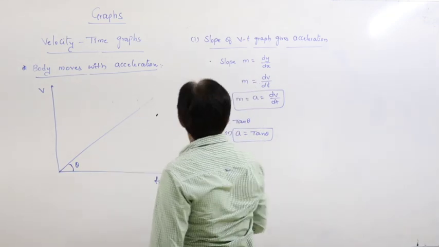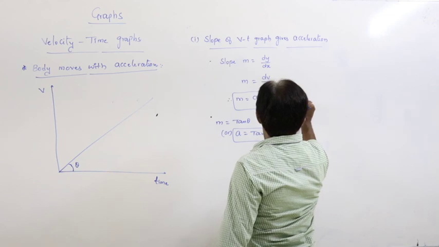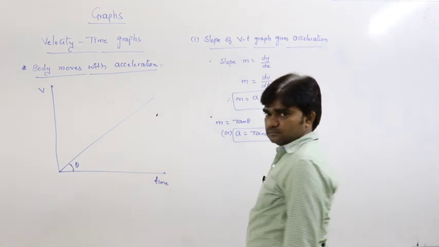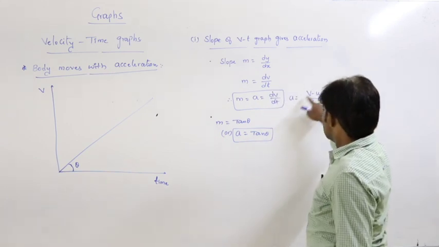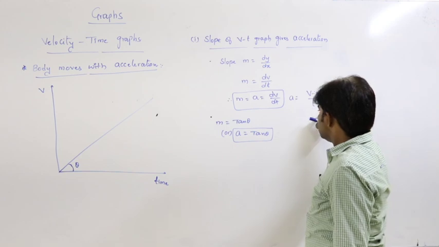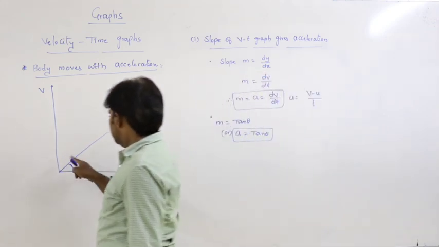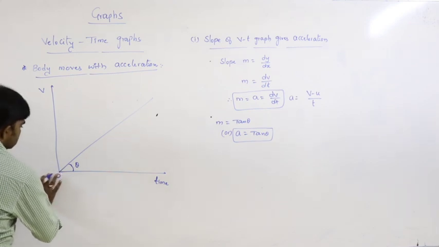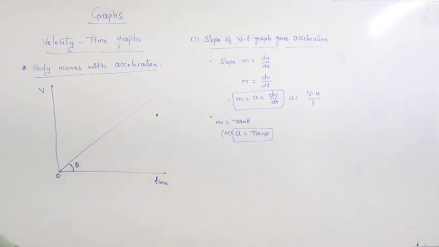So this is one thing. Based on this, our acceleration can be written as change in velocity by time, that is v minus u by t. Here the body starts from the origin.